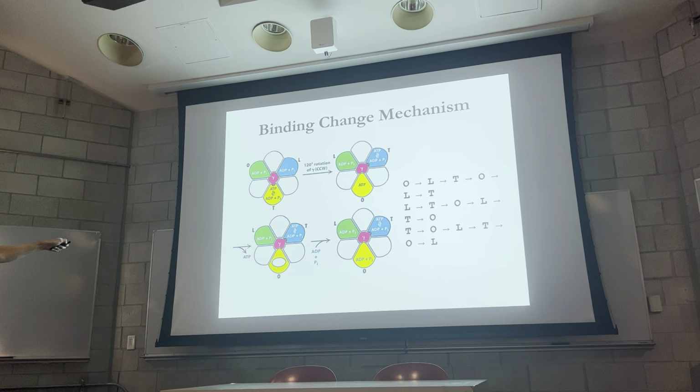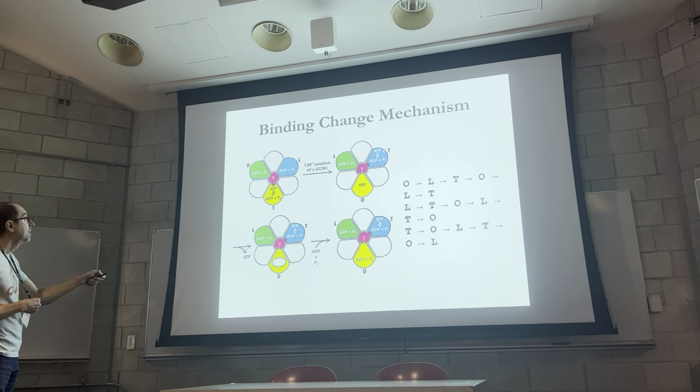Similarly, this active site, which was loose, which enabled binding of ADP and orthophosphate, is then going to become tight when the gamma shaft rotates and the pointy end is facing this active site. And now we're going to have stabilization of the transition state. And so on and so forth.